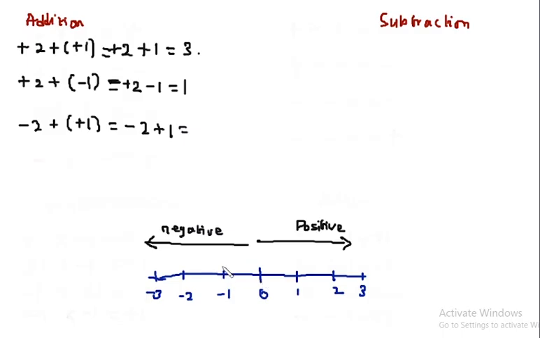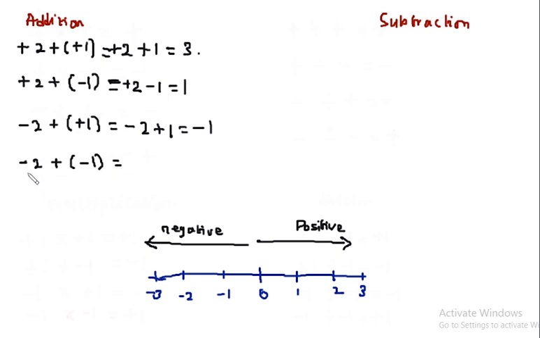So this is 1, 2. Plus 1 means I'll move to the right on my number line. So this is 1. So my answer is -1.